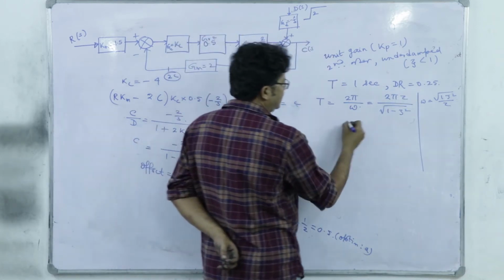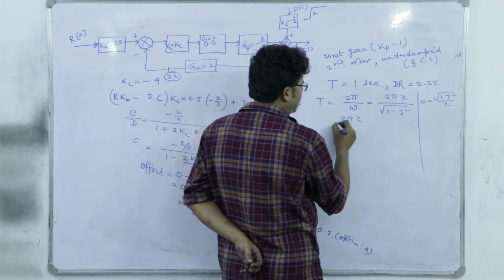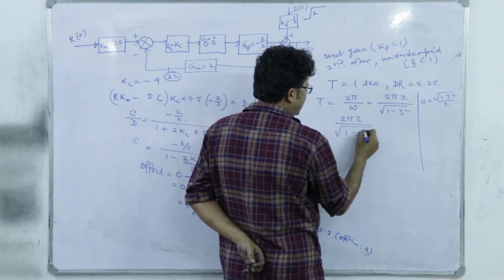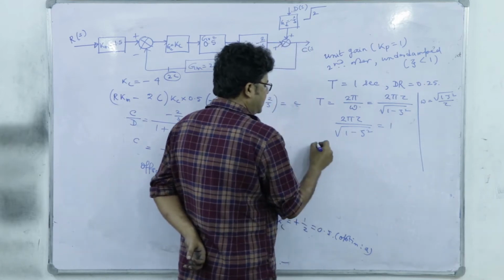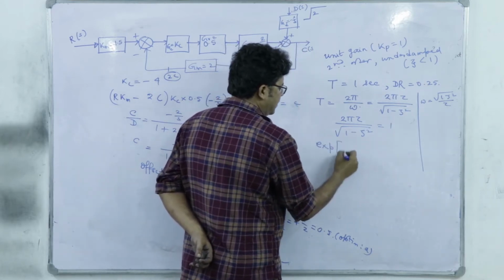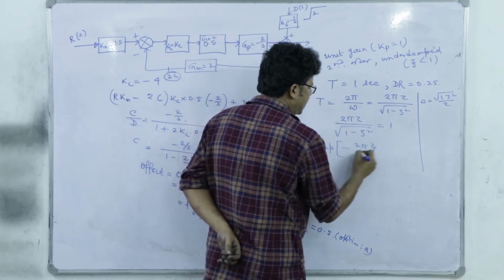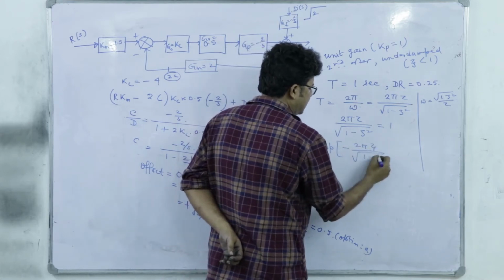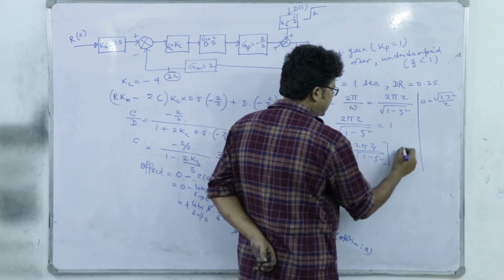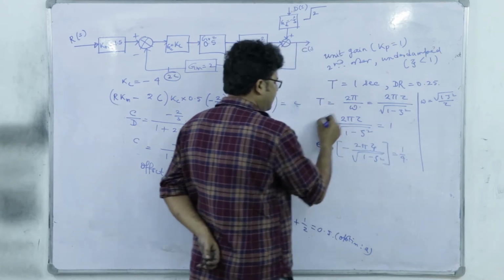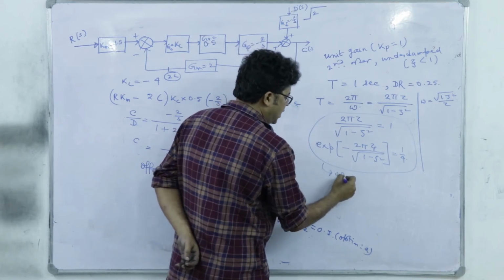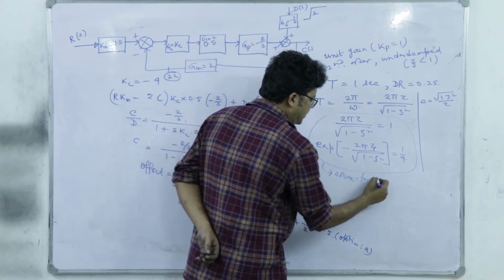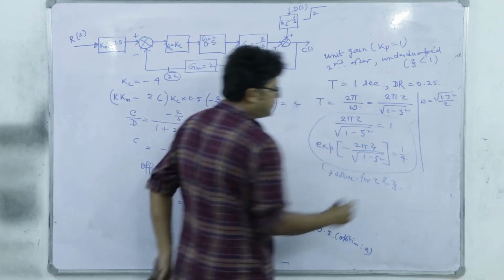So, that is T, which is 2 pi tau divided by root of 1 minus zeta square equal to 1, and decay ratio, it is exponential of minus 2 pi zeta divided by under root of 1 minus zeta square equal to 1 by 4.